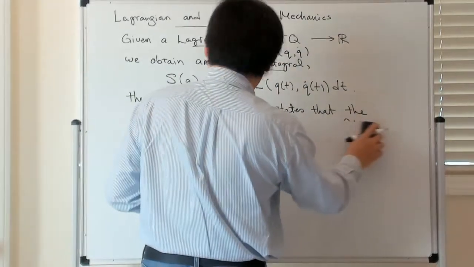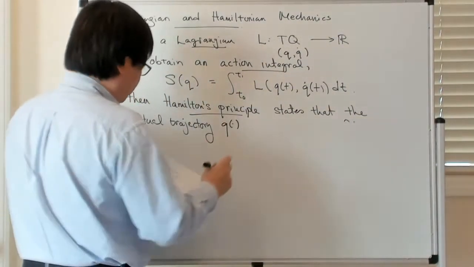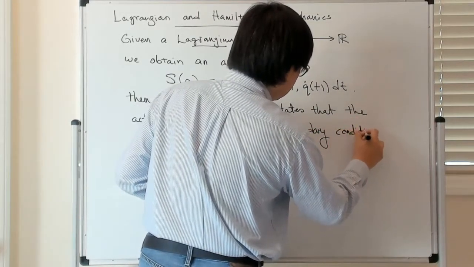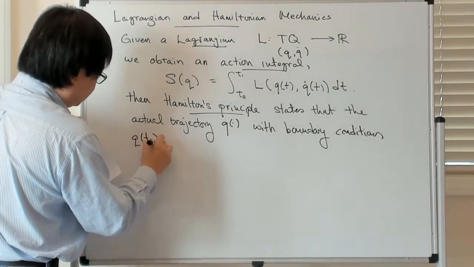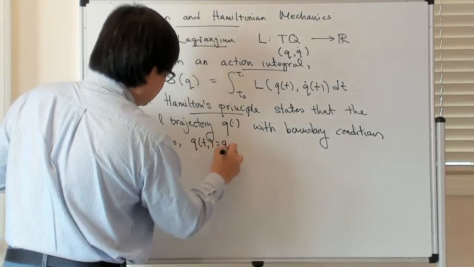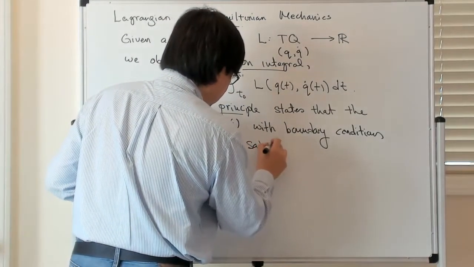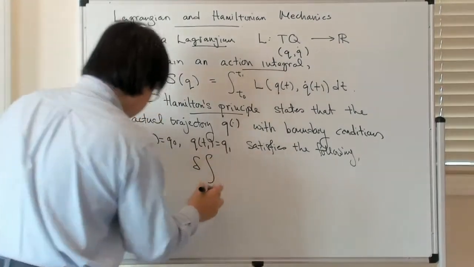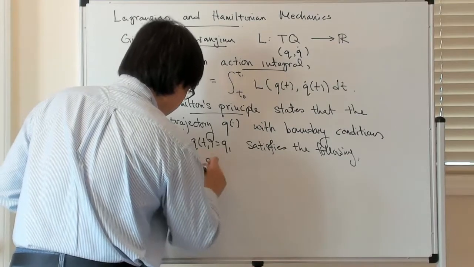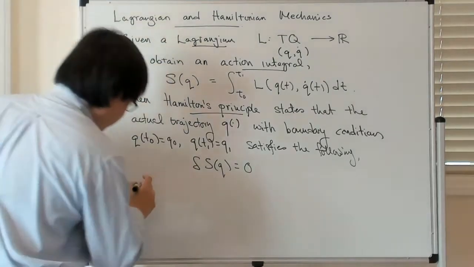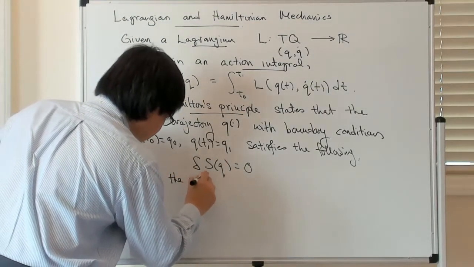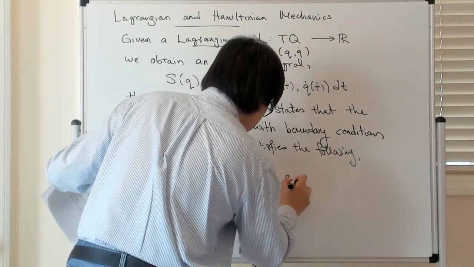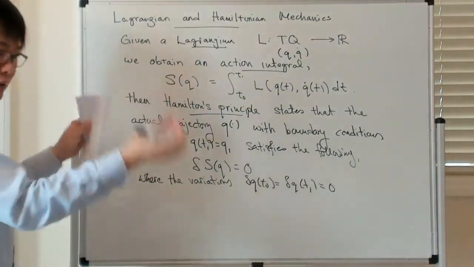So Hamilton's principle states that the actual trajectory q, with boundary conditions q at t0 is q0, and q at t1 is q1, satisfies the following property: the variation of the action integral, which I denoted by S of q, is equal to 0, where the variations, or what are often referred to as the infinitesimal variations, delta q at t0 is equal to delta q at t1 is equal to 0. So the variations vanish at the endpoints in time, if you will.